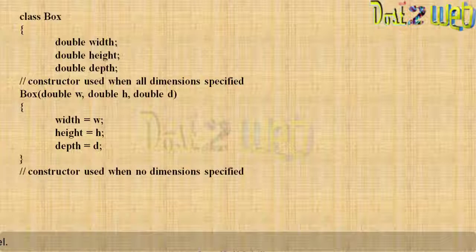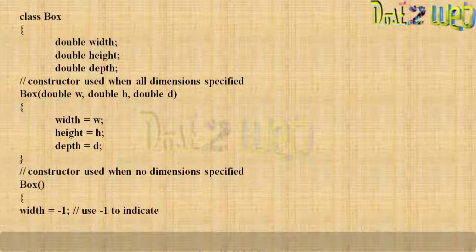Now we are creating another constructor with no parameter, where we declare width is equal to -1, use -1 to indicate, height is equal to -1, depth is equal to -1. This is another constructor with no parameter.